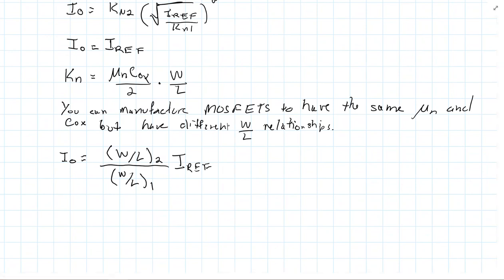And just to emphasize, these W over L's are called aspect ratios. So that's something that's kind of cool. You could set up a current mirror so that, based off the reference current, you get half the current for biasing, or you could get twice the current for biasing. That's kind of an interesting thing you can do with MOSFETs.